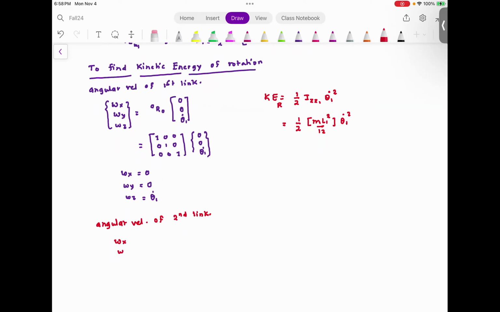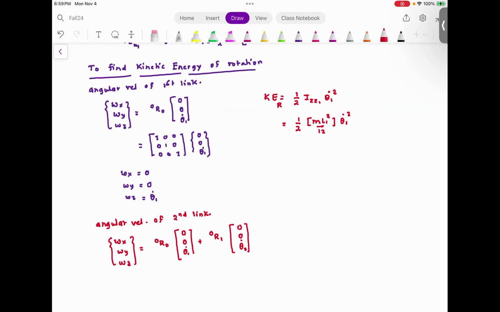Omega x, omega y, omega z is equal to 0 R0 times the angular velocity of the first link, 0, 0, theta 1 dot, plus the rotation matrix 0 R1 times 0, 0, theta 2 dot.